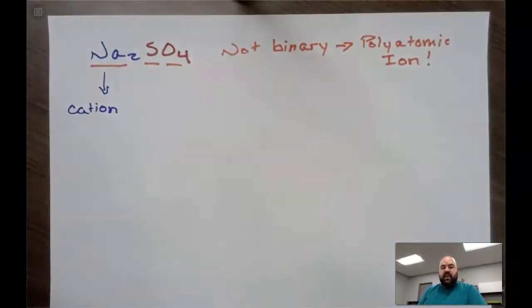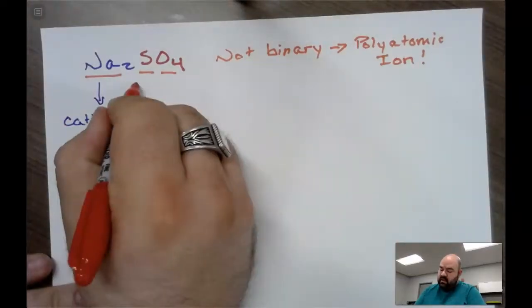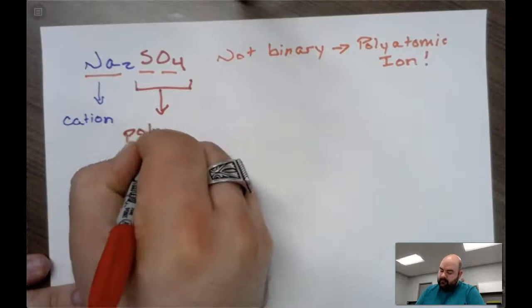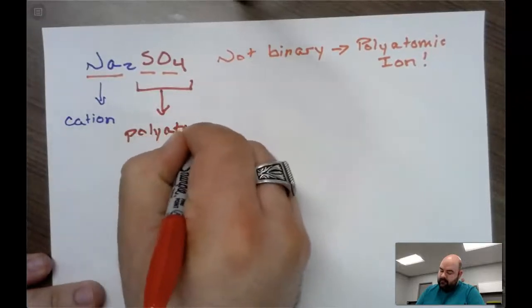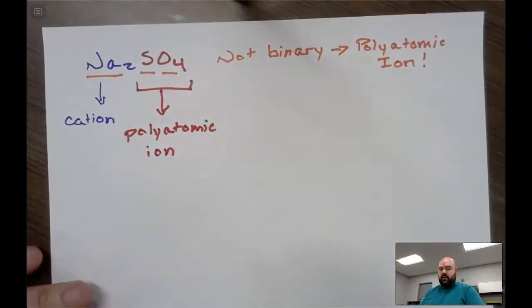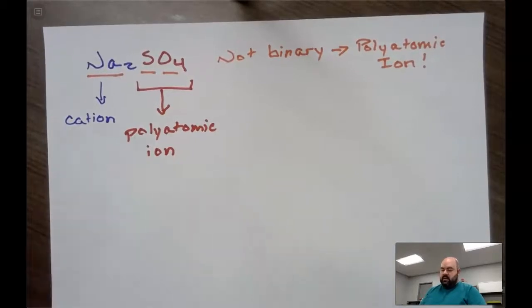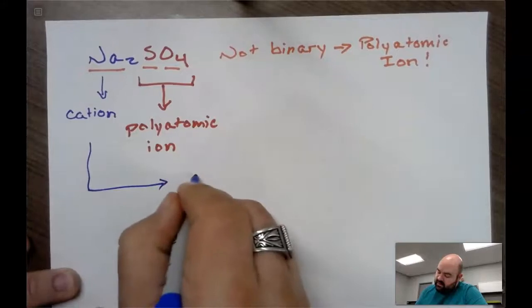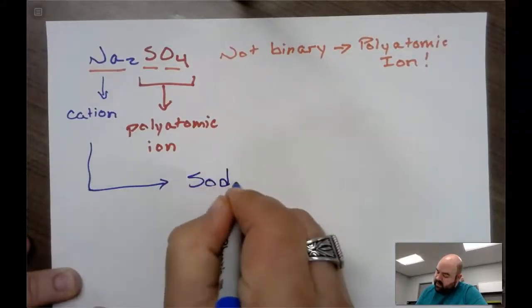That means that everything else is the polyatomic ion. Okay? Now I know, because I've memorized the first 20 elements of the periodic table, as a good chemistry student should, I know that the cation is named sodium. And the cation name always goes first.